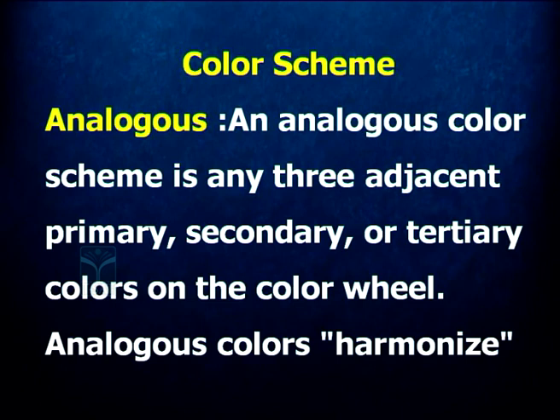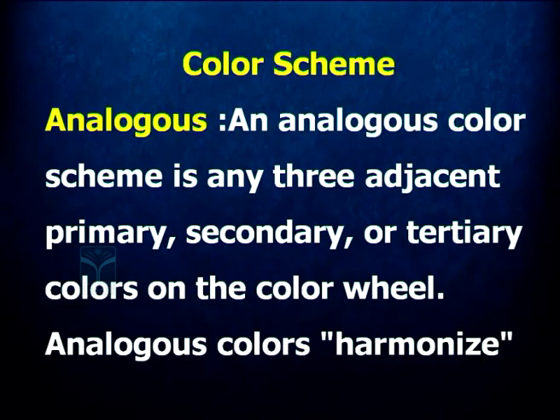Another aspect is analogous colors. Analogous colors are colors that fall together in the color wheel, which harmonize. So, analogous colors create harmony in the painting, right. If you read it, an analogous color scheme is any three adjacent primary, secondary or tertiary colors. So, on the color wheel.